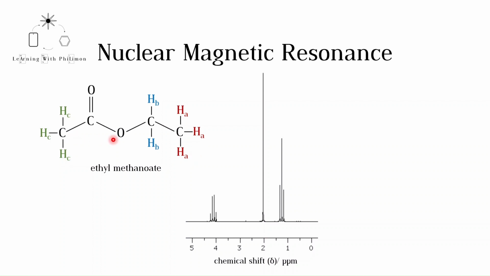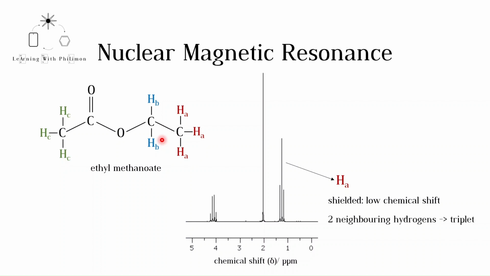Therefore, they are the most shielded and should appear at a lower chemical shift. If we check the carbon atom next to these hydrogen nuclei, we see that there are 2 hydrogen atoms, the 2 HB atoms. Using the n+1 rule, this signal should split into 3 sub-peaks. This is in fact the case, as the signal is a triplet, 1, 2, 3.